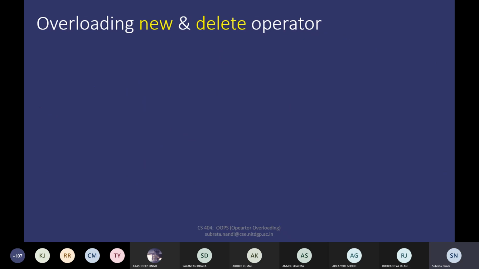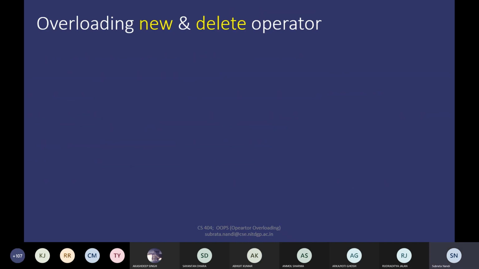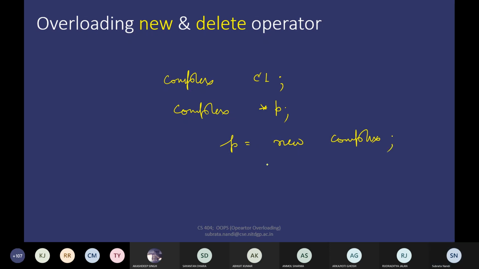So let us come to overloading the new and delete operators. When I write complex C1, and then complex asterisk P, and then P equals new complex, what does this statement actually mean?